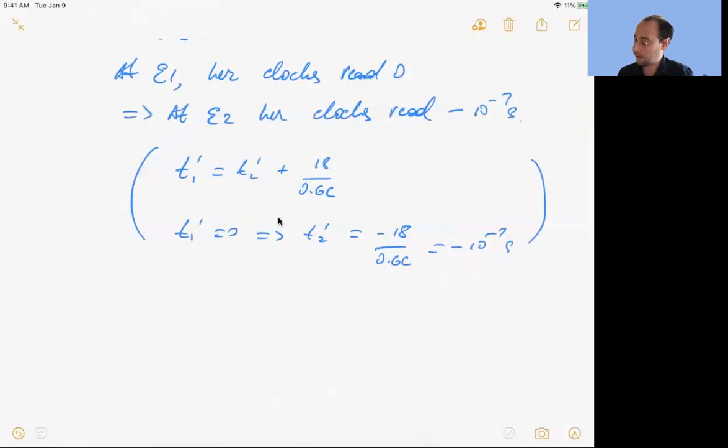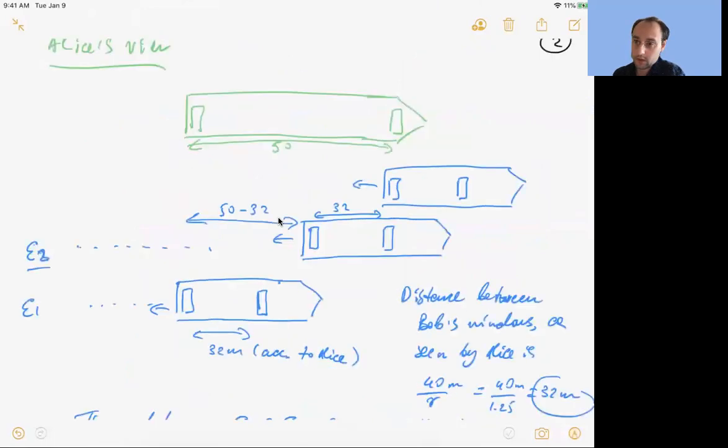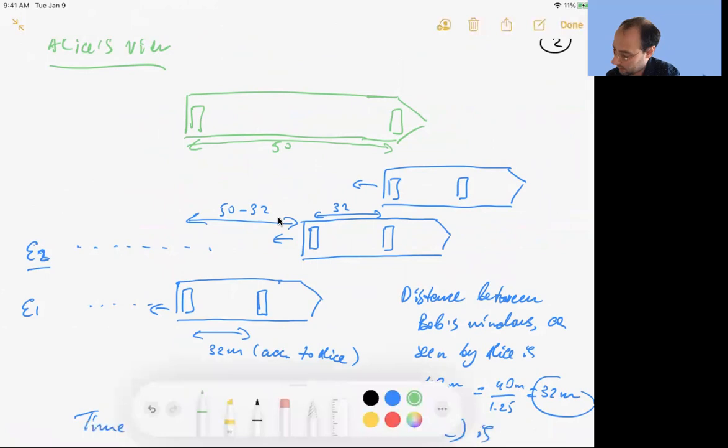So that's basically the answer to the problem: when the middle window of Bob's ship is aligned to the very front of Alice's ship, the clock in her ship will read minus 10 to the minus 7 seconds.